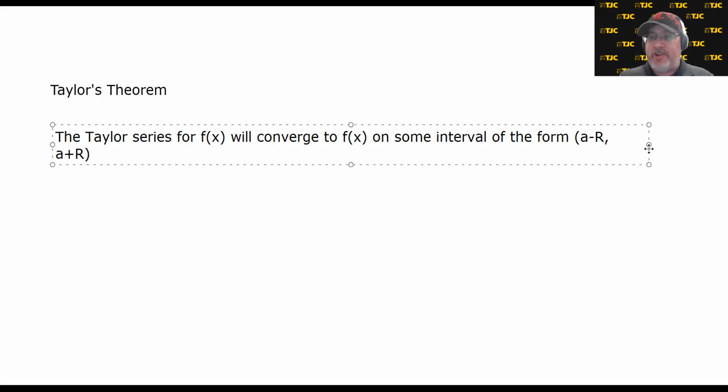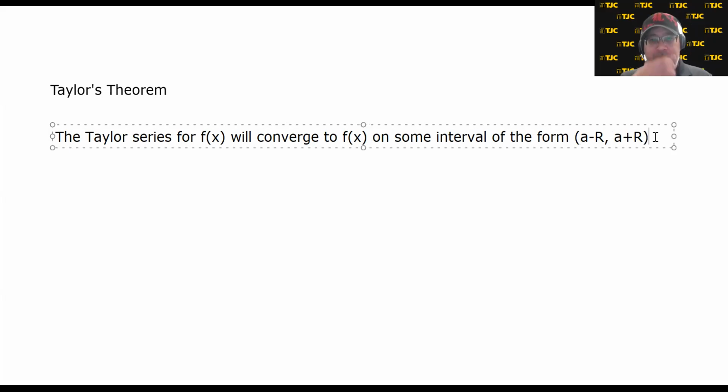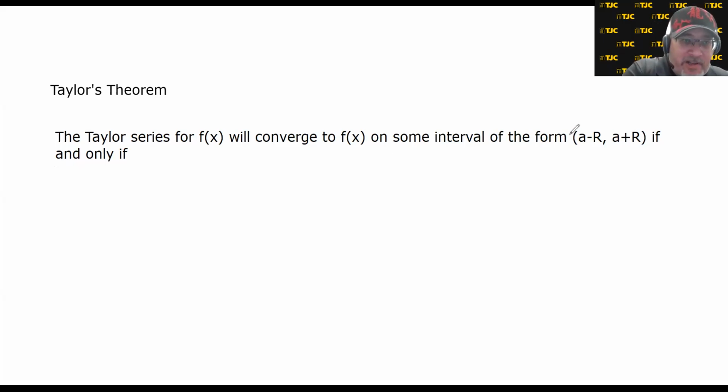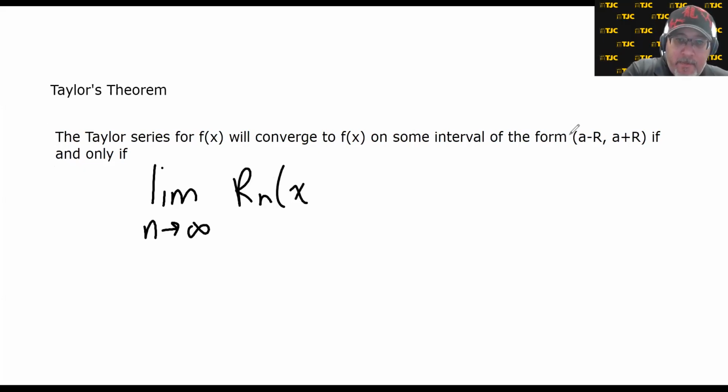Remember, we're centered at a, and we have some radius of convergence. If and only if, and here comes the theorem's conclusion, if and only if the limit as n approaches infinity of the remainder is 0.